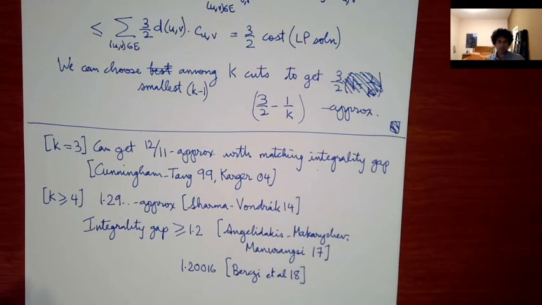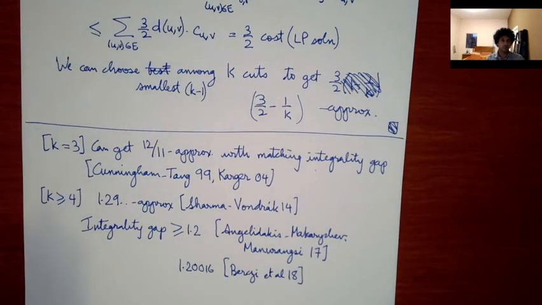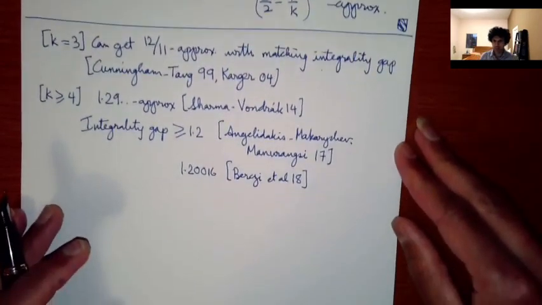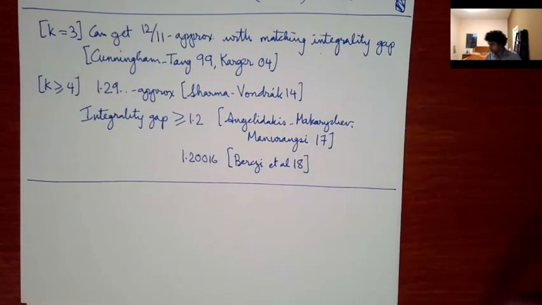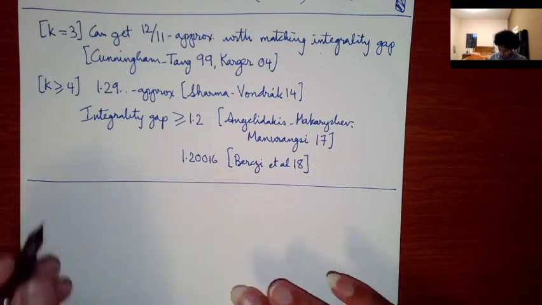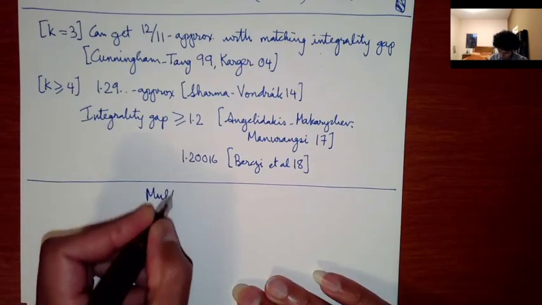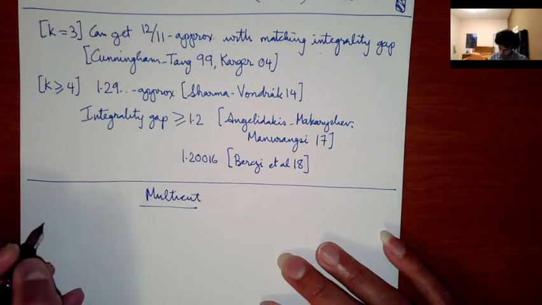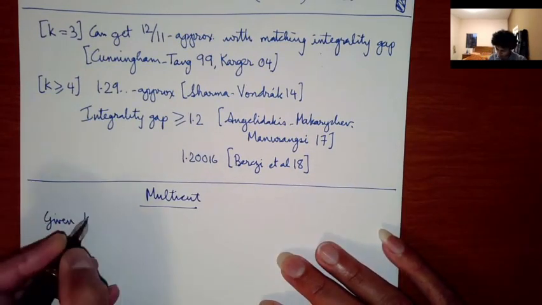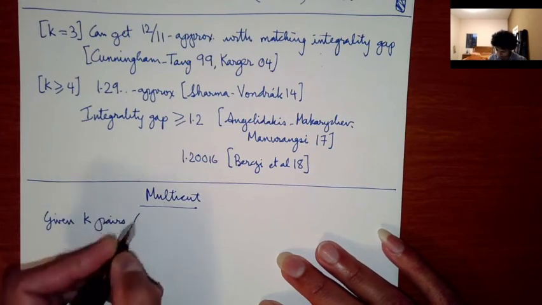But it takes a fair bit of effort to improve on the 3/2 approximation, and 3/2 was a pretty big deal. So the CKR relaxation gave that. One thing that I thought I would get to, but I did not, and I'll mention this just in the last 5 minutes, is this problem, multi-cut, where instead of multi-way cut, you're given k pairs, not k vertices.